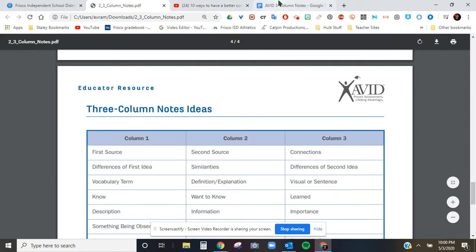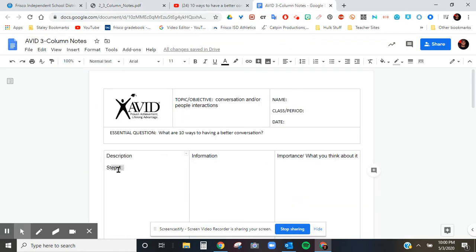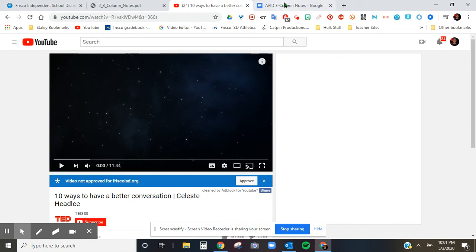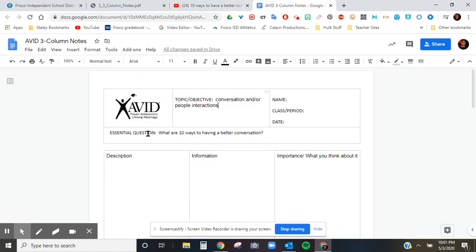So this is what the three column notes would look like. Again, the topic or objective, I always want to know what we're talking about. We're talking about conversation, which for me is also included in our people interactions. The essential question, well, the video is called 10 Ways to Have a Better Conversation. So your essential question should probably say something about what are 10 ways to have a better conversation.